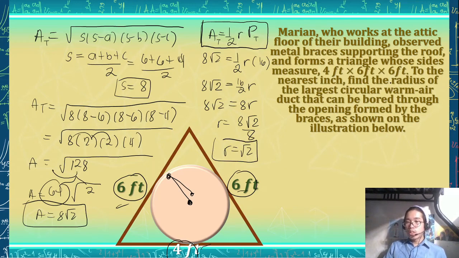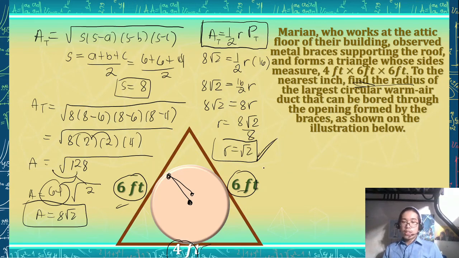So what are we trying to solve? We need to find the radius, which we have found. It's equal to the square root of 2. This is the radius of the largest circular warm air duct that can be bored through the opening formed by the braces.